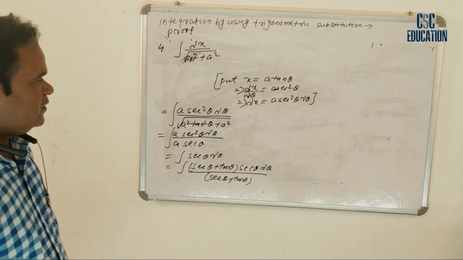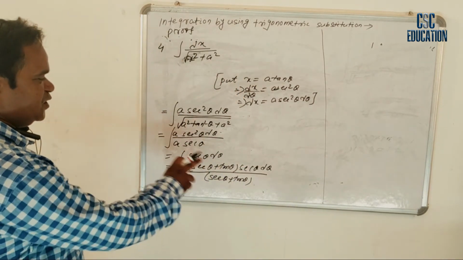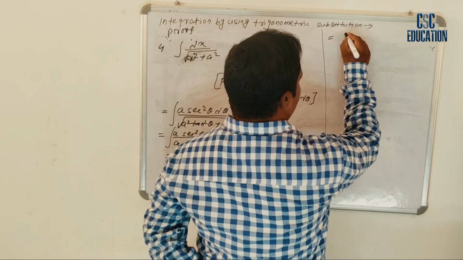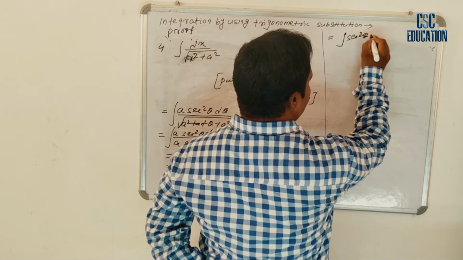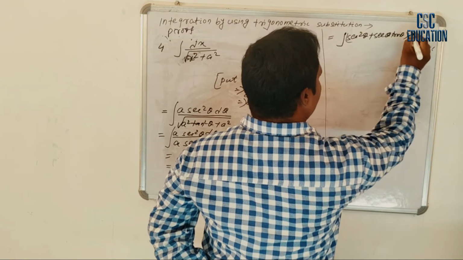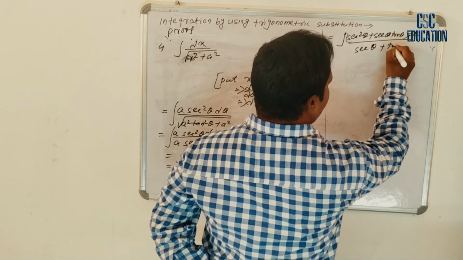Sec theta times sec theta plus tan theta equals the integration of sec square theta plus sec theta tan theta, d theta, divided by sec theta plus tan theta.